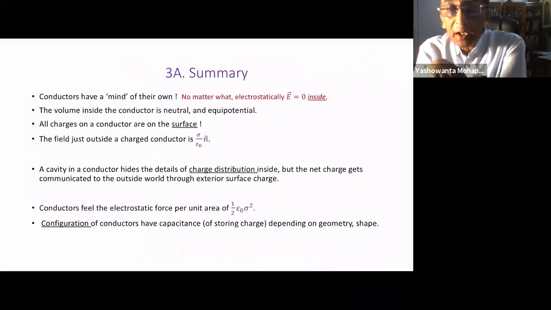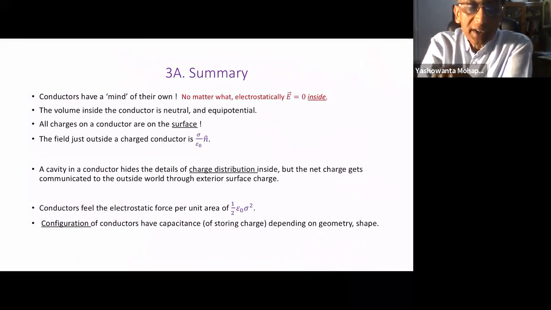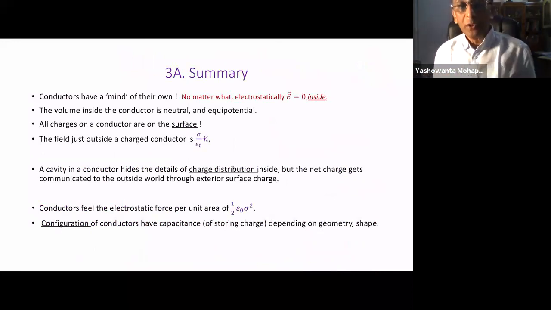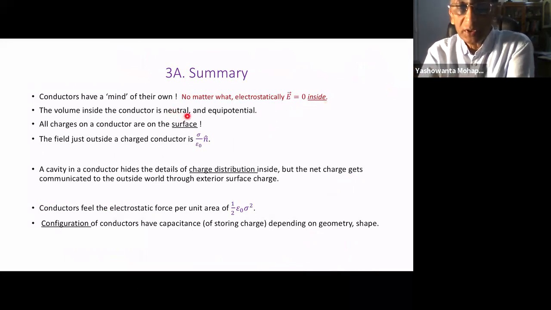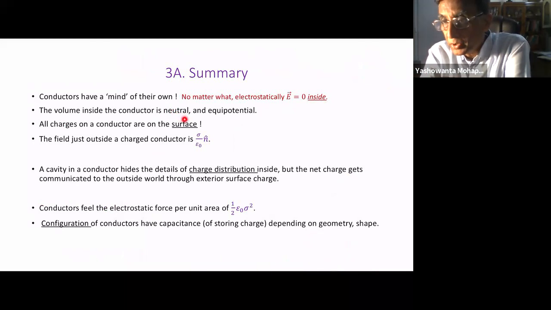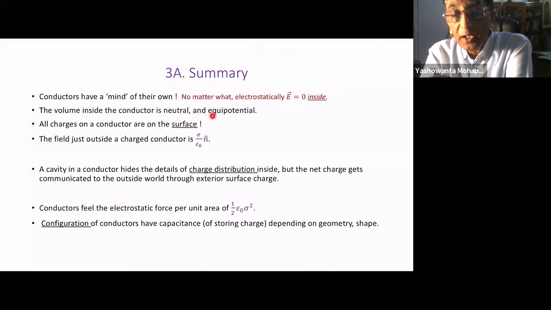With that, I'll come to the summary of this little lecture. Conductors have a mind of their own. No matter what, the electrostatic field is zero inside. The volume inside the conductor is neutral. They do not support any charge inside, because otherwise the charges would move around, and it is an equipotential.